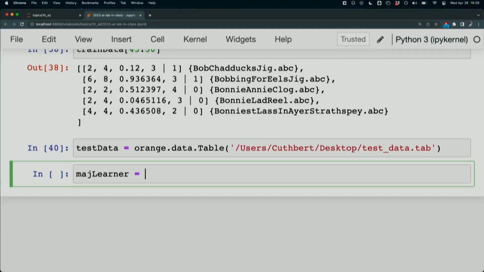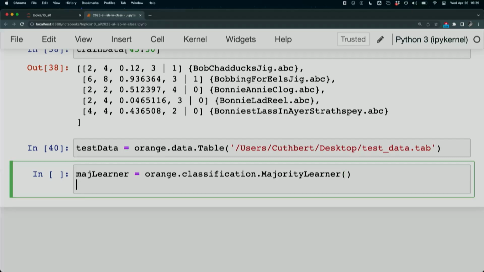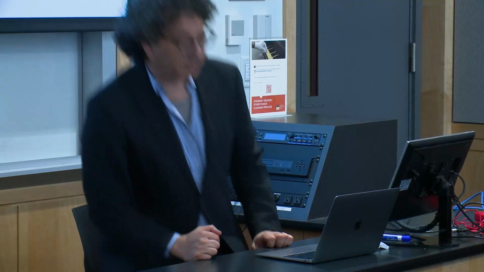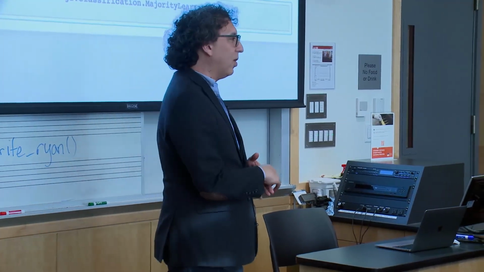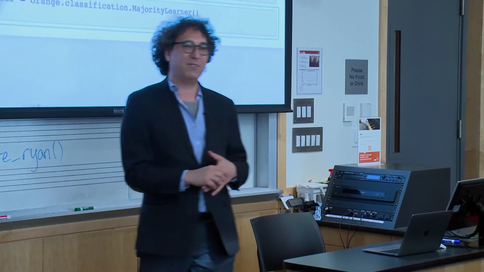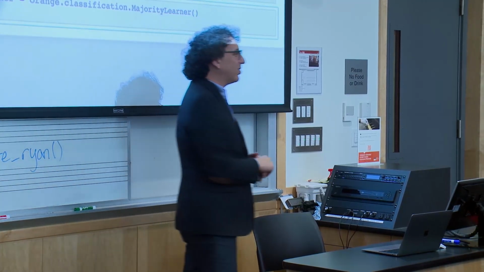Something called orange.classification.majority_learner. And what a majority learner is, it's kind of the control or the placebo of your system to make sure that you don't get too excited by how good your system is working.